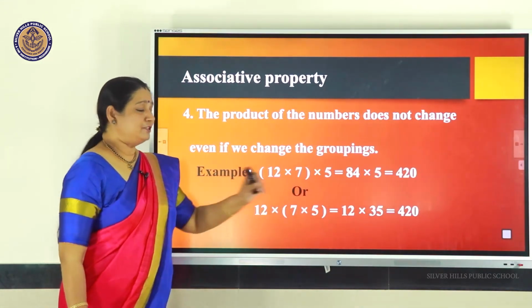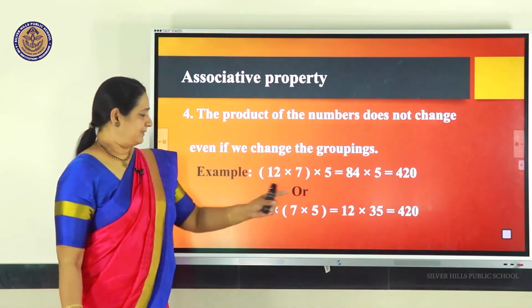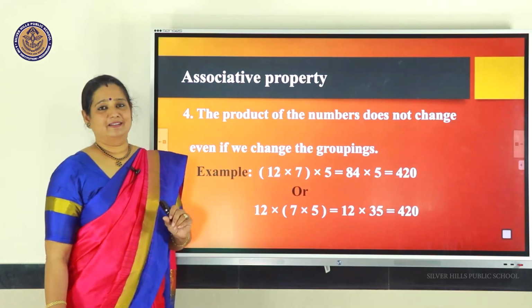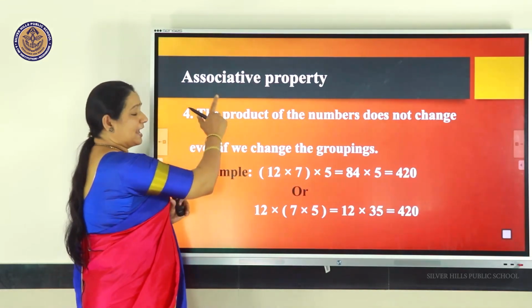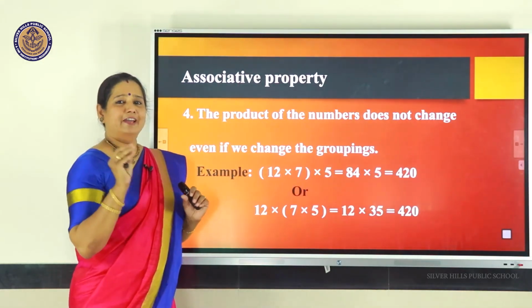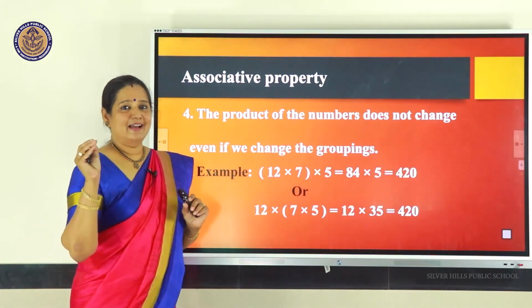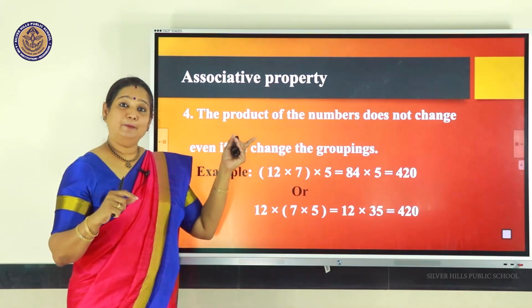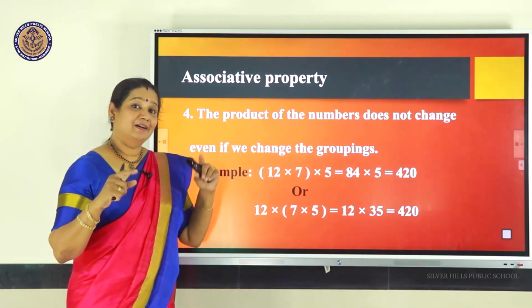You know that 7 into 5 is 35. 35 into 12, 420. Understood? So, for associative property, very simple technique, think that it is grouping. Think group. Commutative property, think move.